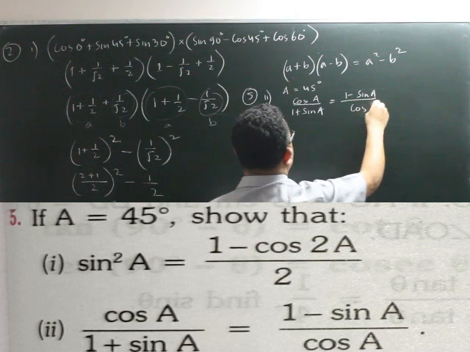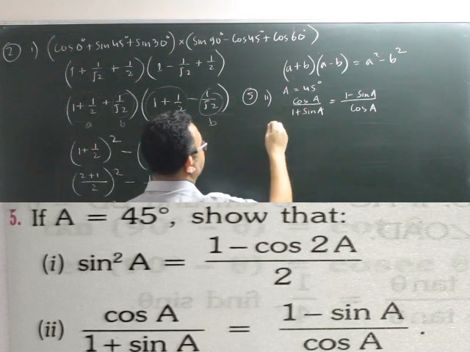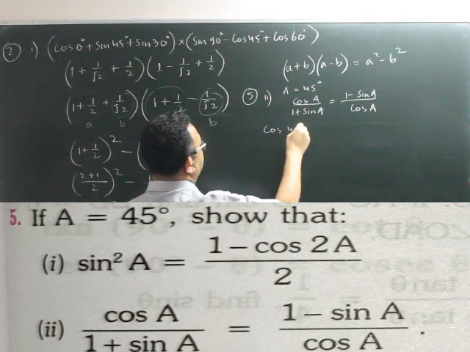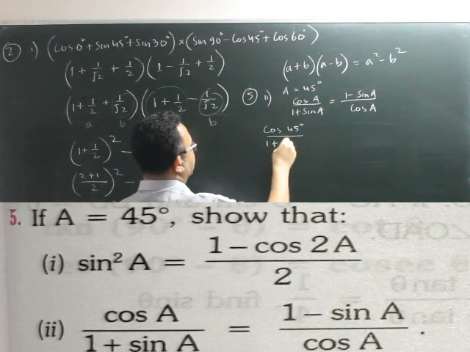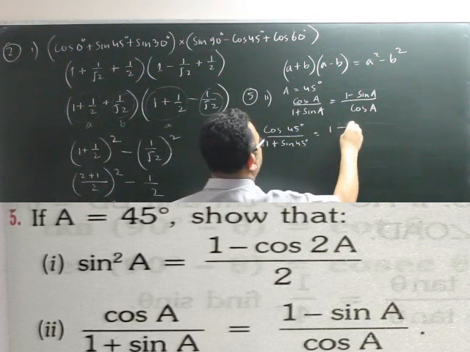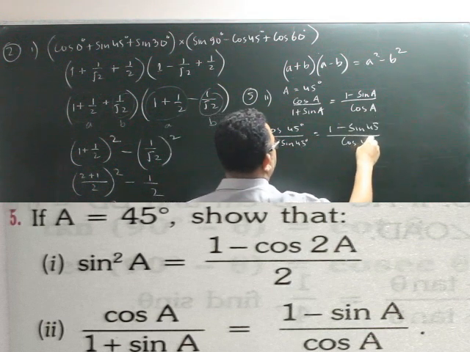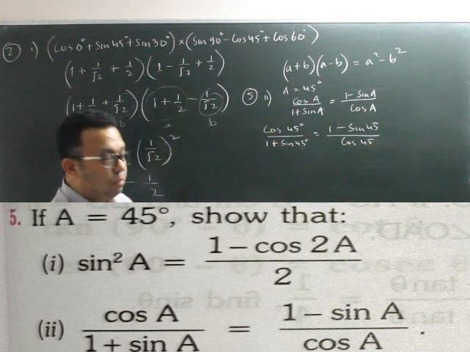So you have to prove this, left hand side and right hand side. Since a is 45, let me write down now cos 45 over 1 plus sin 45, and this is again 1 minus sin 45 over cos 45. Okay, so I'll put the values now.